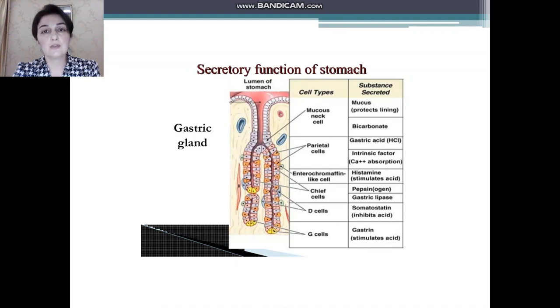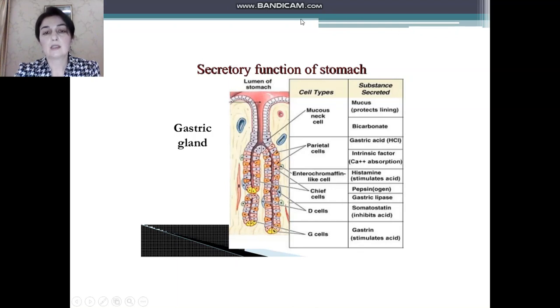It means that each of them produces a secretion. The secretion is mucus, called visible mucus. It will adhere to the surface of the epithelium and protect it from the damaging effect of the gastric juice. Gastric juice, you know, is acidic, with a pH of approximately 2.